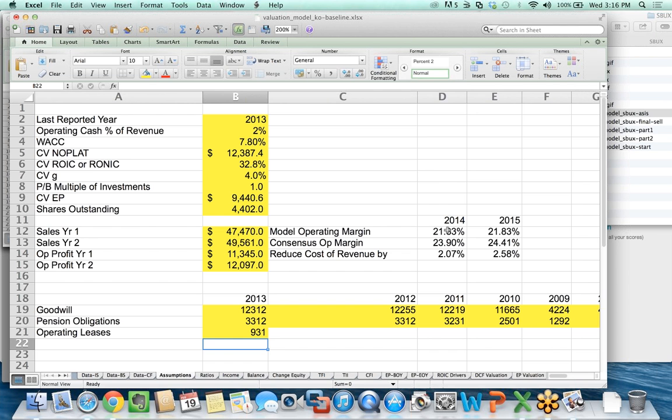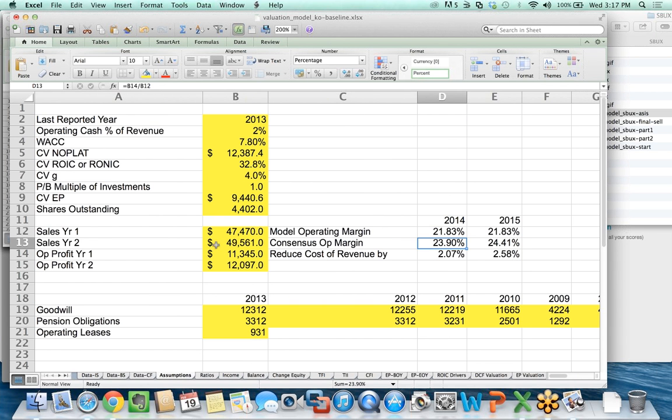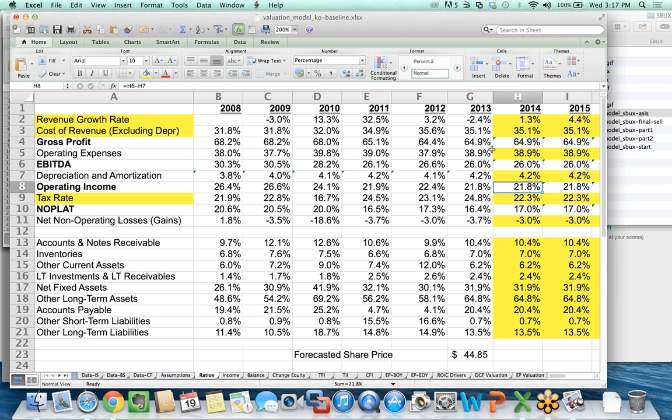So I still need to put the relative improvement into my model to come up with a more realistic share price. In this case, my model currently has an operating margin of 21.83% on the ratio screen. And I need to match the consensus estimate, which is the operating profit divided by the sales that I just saw. So I need to reduce my cost of revenue by 2%. So in this case, cost of revenue minus 0.0207.